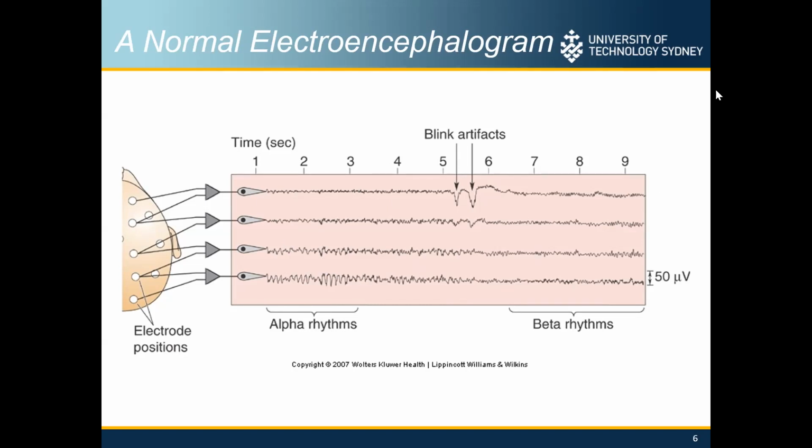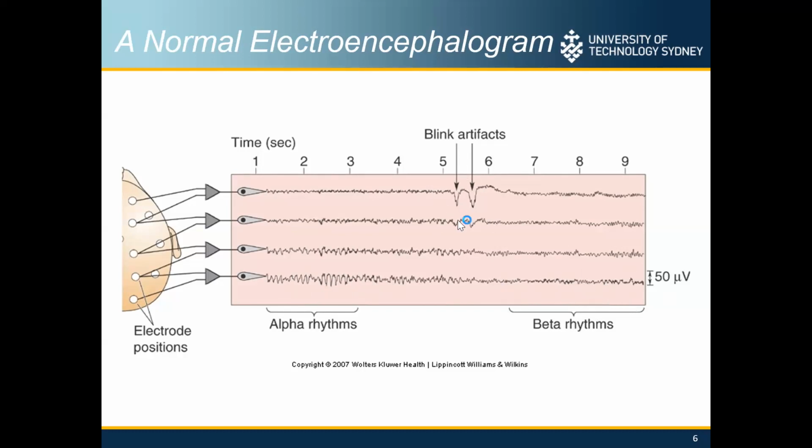In this case, you've got alpha rhythms, and you also have beta rhythms as well. The difference between alpha and beta rhythms is that alpha has a higher amplitude, as opposed to beta rhythms, which are lower in amplitude but higher in frequency.